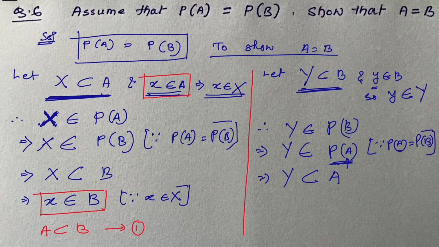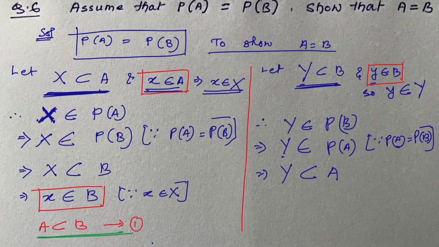Suppose we are going to determine the power set of A, that means we have to determine all the possible subsets of A. So that's why if capital Y belongs to the power set of A, then capital Y must be a subset of A. Hope you have understood this.